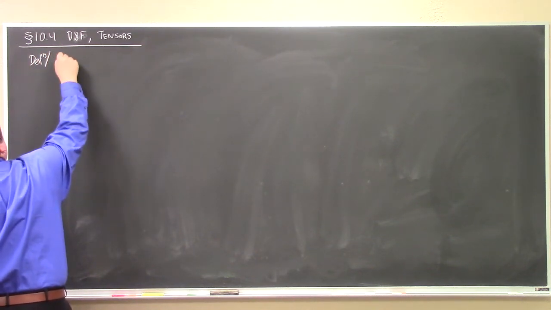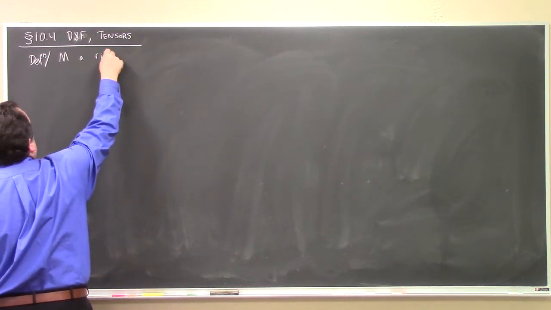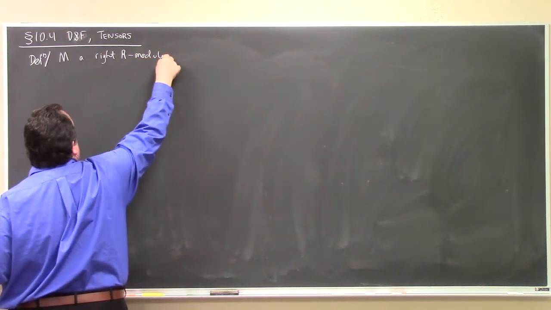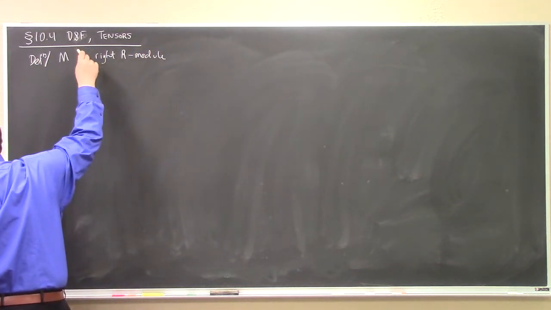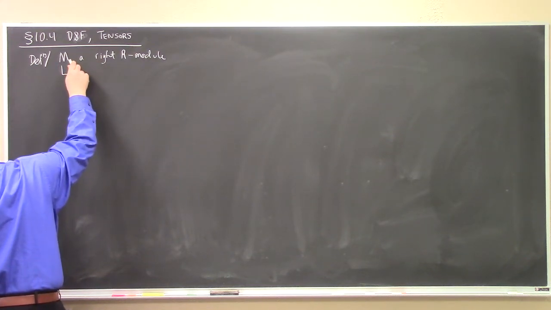Definition. You have M a right R module, and L an abelian group.